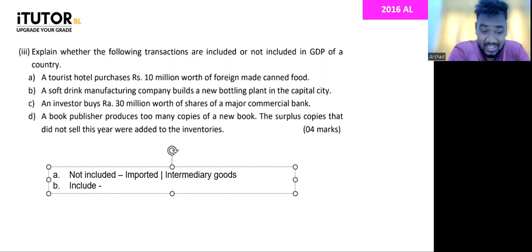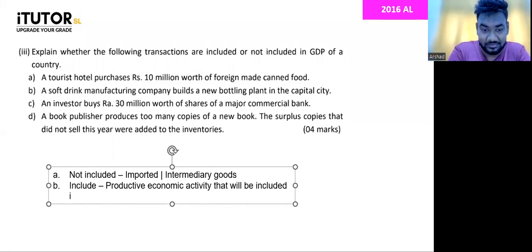So you can say this is a productive economic activity that will be included under private investment or gross domestic capital formation. Yeah, you can give something like that.